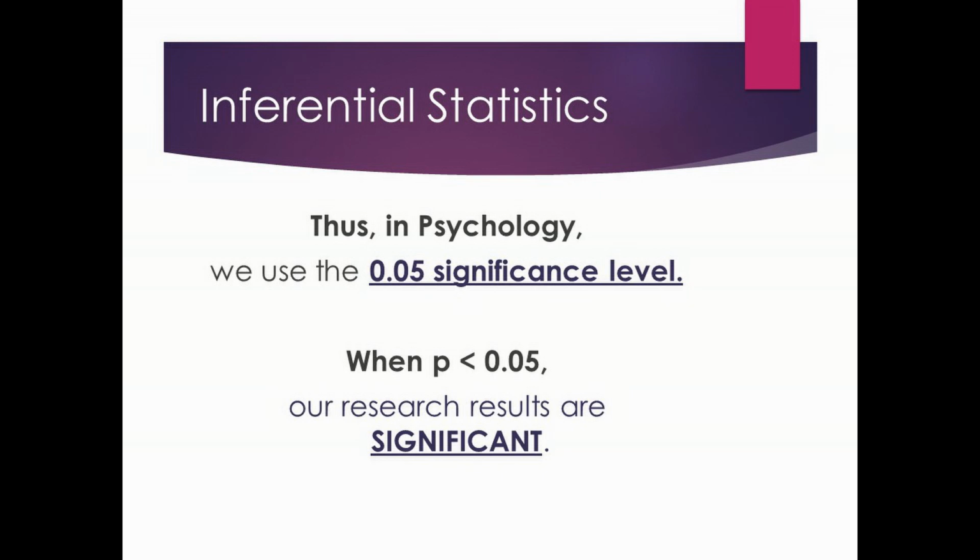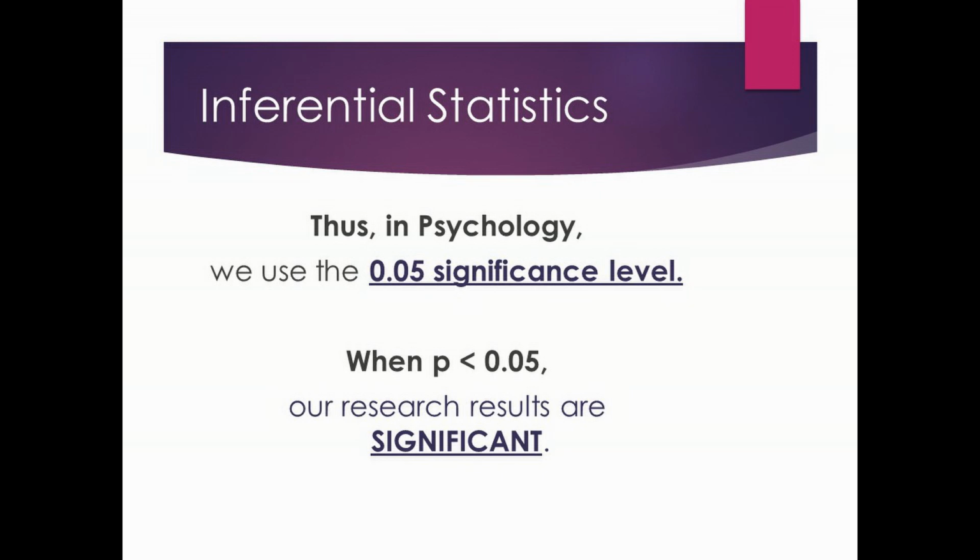And this is actually one reason why psychology is sometimes called a soft science. Because in biology, physics, chemistry, other, quote, hard sciences, the significance level that is used is p less than 0.01, or you need to show that your results would have occurred by chance fewer than 1 out of 100 times.